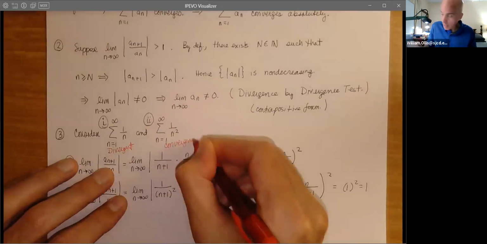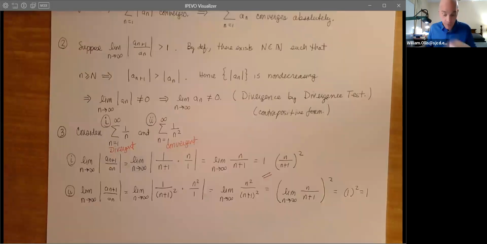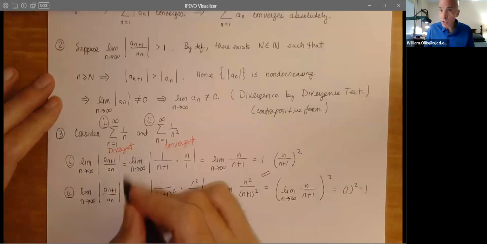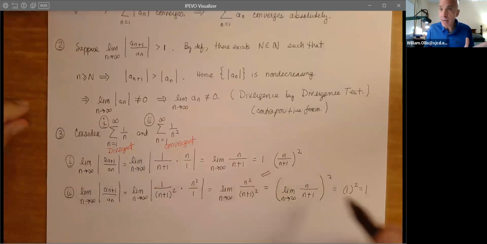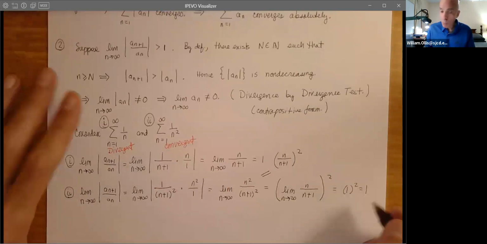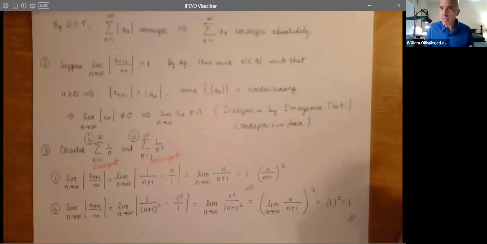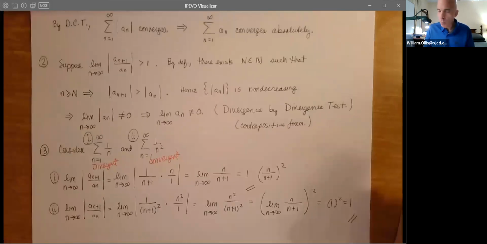So the limit of 1 doesn't give us a conclusion that's reliable, because as we test it with just 2 series that we certainly know convergence or lack of, we get the same result. So what we're seeing here is that this test is not half bad. You're always frustrated when you get 1. You want to finish the problem. You want to move forward and say, I want to be done with this example.